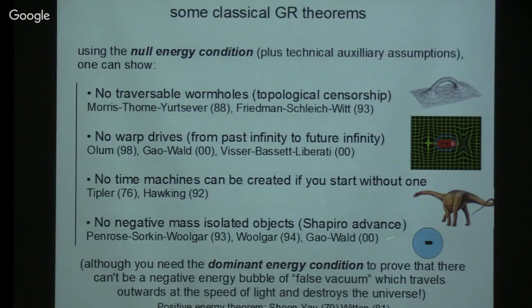What that means is if you have one of those false vacuum solutions that some cosmologists think about, where you tunneled into a lower energy ground state and you imagine a bubble of destruction coming out at the speed of light, destroying the universe as we know it and replacing it with something else that had negative energy, technically the theorem doesn't actually rule that out. So if you want to rule out that kind of ecological catastrophe, you actually need a stronger energy condition, which is called the dominant energy condition, which I also showed you on the previous slide. And there's various proofs using that dominant energy condition.